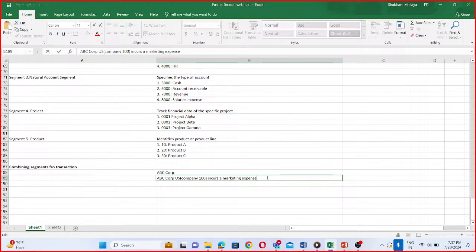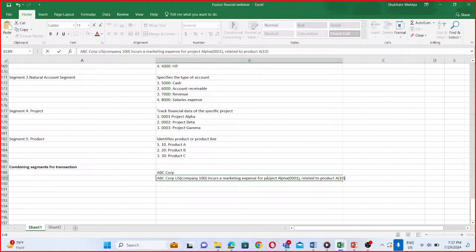So ABC Corporation that is located in USA, whose code is 100, incurs a marketing expense for project Alpha, whose code we have given as 0001, and it is related to product A, whose code is 10.